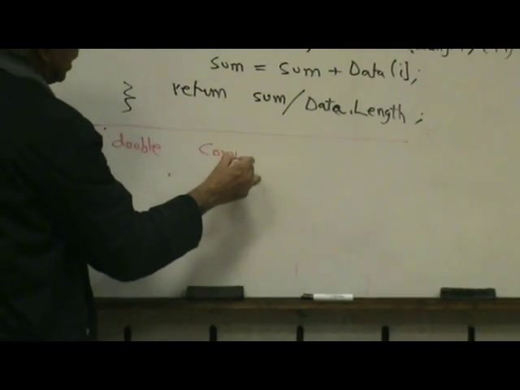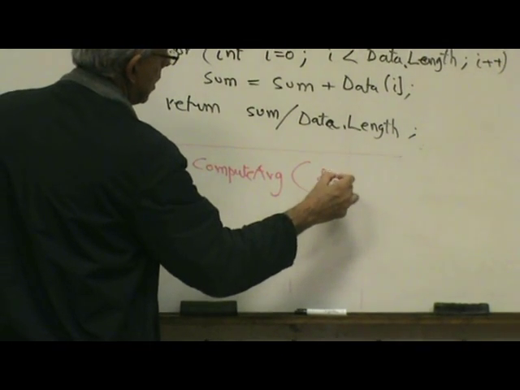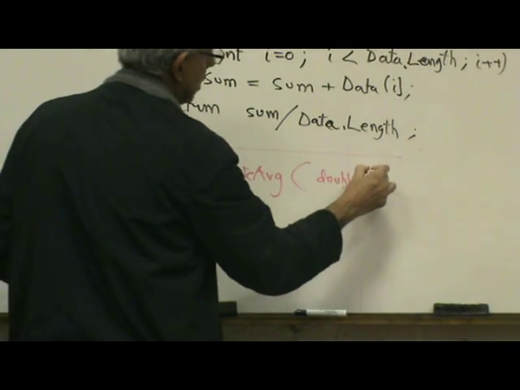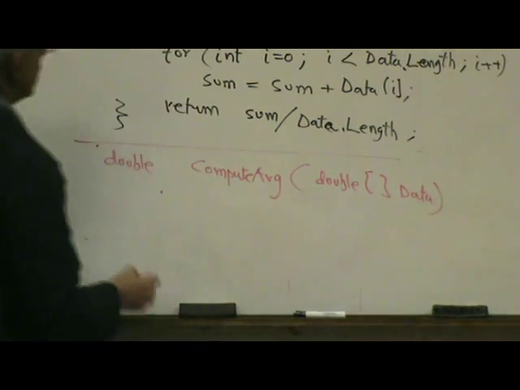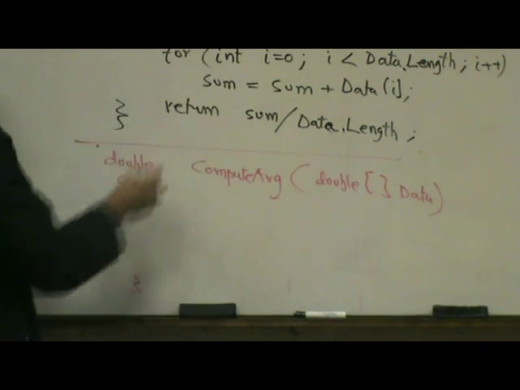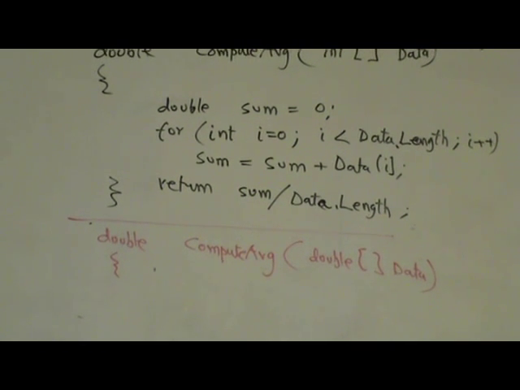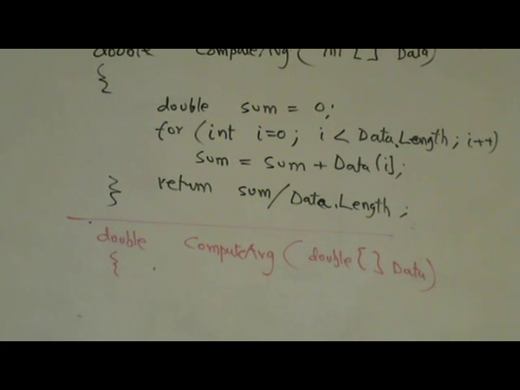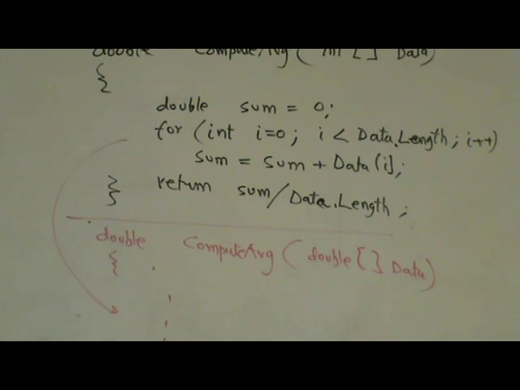So what will it look like? computeAvg double data, right? And will any of this code change inside it? Nothing, so it stays the same, correct? Yeah, it's the same.